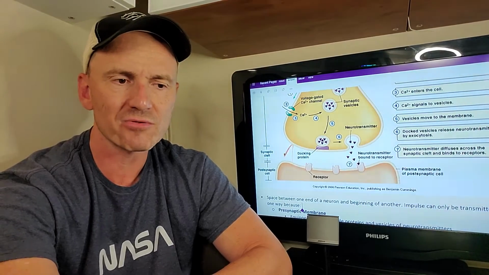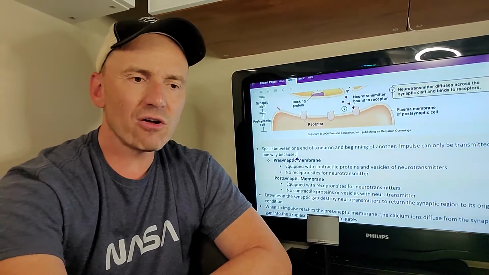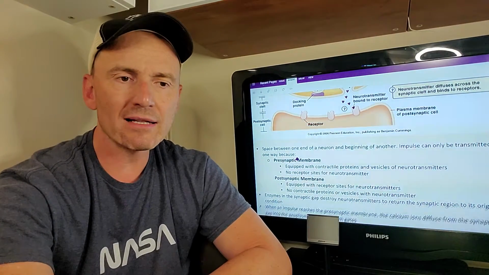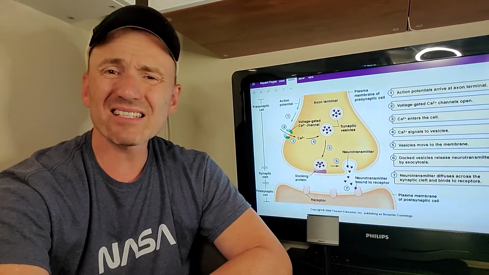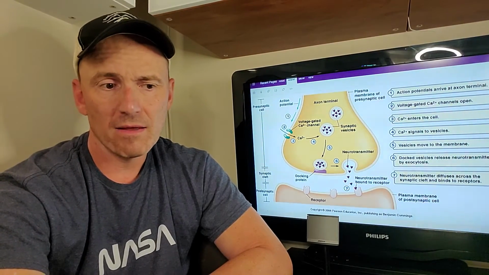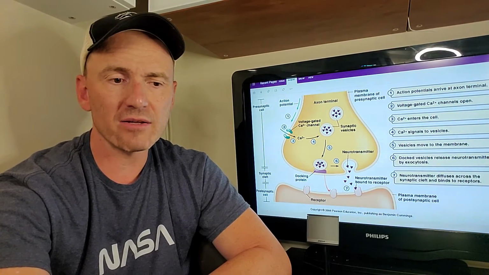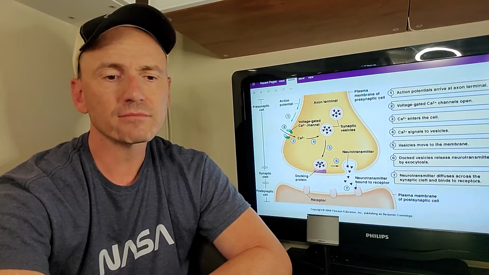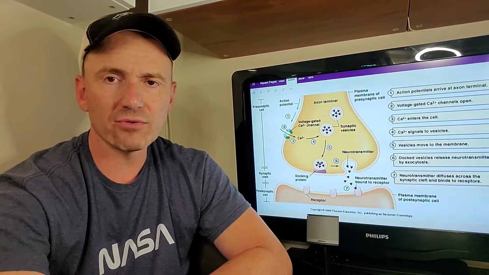This also can't produce vesicles because it doesn't have those things. This also can be like an organ, or muscle cells and stuff like that. So you've got an axon here, ending here, and this could also be glands to secrete stuff, or a muscle cell to contract.